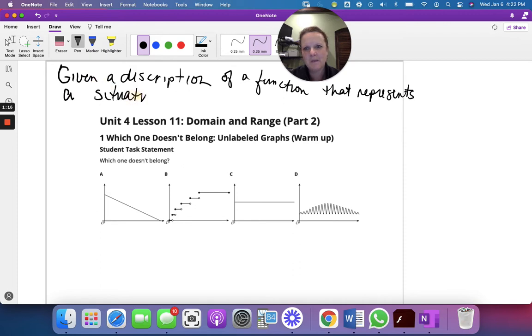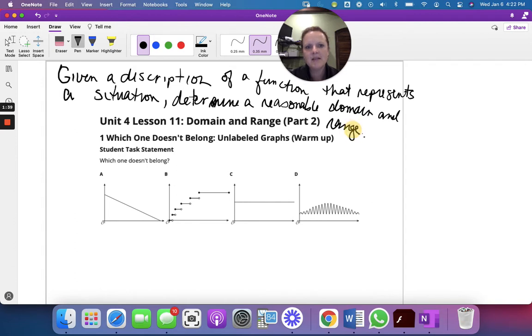Situation. Determine a reasonable domain and range. Okay, so same objective as lesson 10, just taking it one step further, extending it.